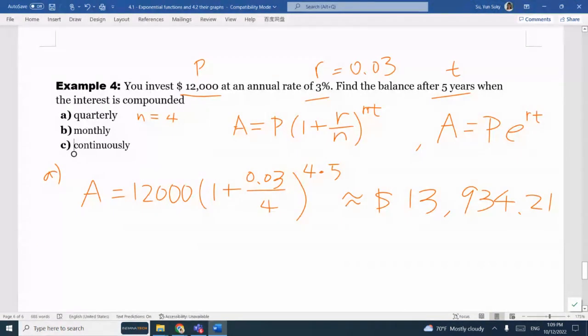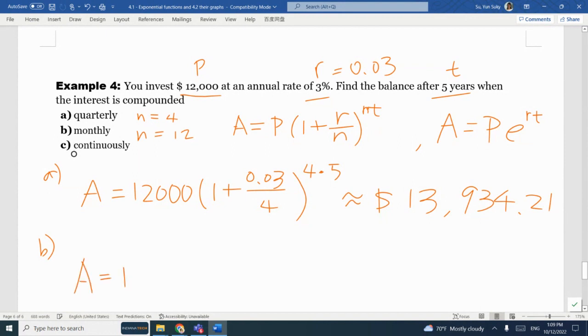Awesome. Okay. Part B. Monthly. What's your N? 12. You see, part B is very similar to part A, but you replace N by 12.